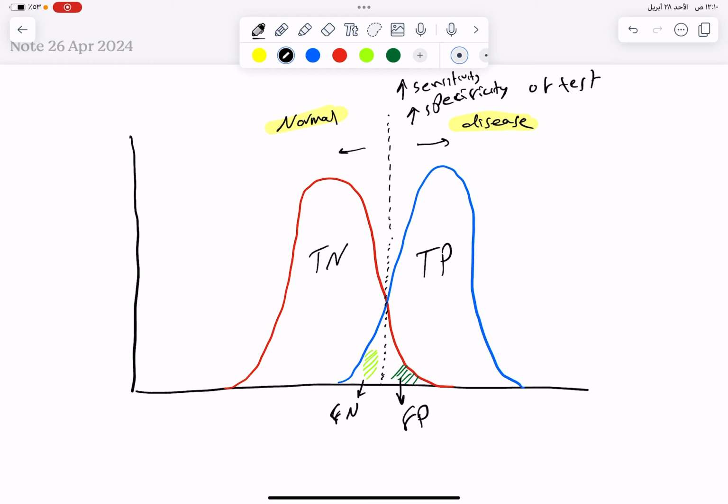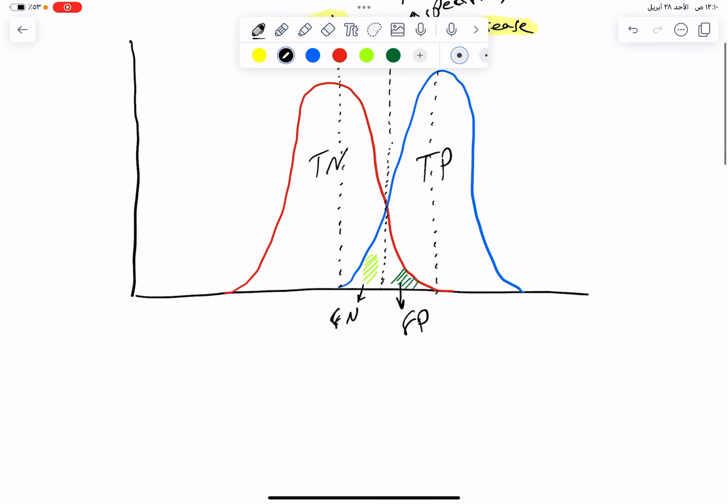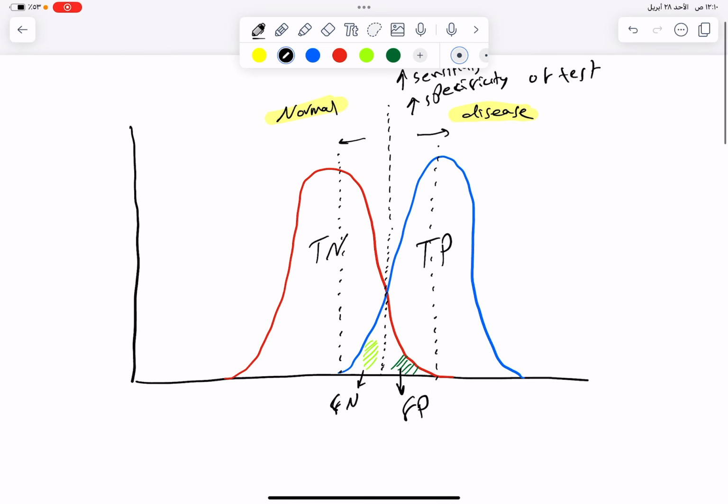So if the example says that the cutoff value is lowered, like in this one, or the cutoff value is increased, as in this one, let's first talk about when the cutoff is lowered.